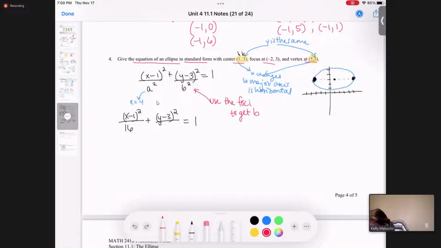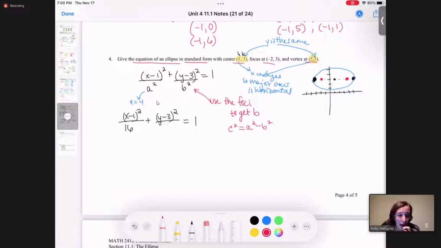So the foci is here, and the other one would be here. But that still doesn't tell us how high or low b would be. But we do know that c squared equals a squared minus b squared.